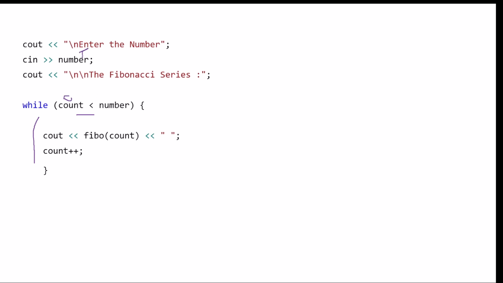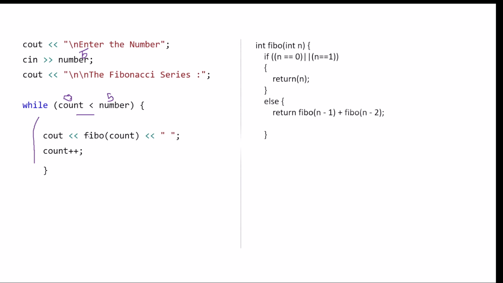If we want to generate 5 numbers, it checks whether 0 is less than 5. If it is less than 5, it calls the Fibonacci function. In the Fibonacci function, it sends the value count.